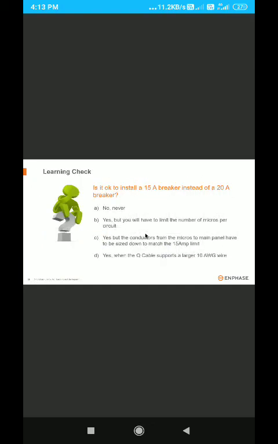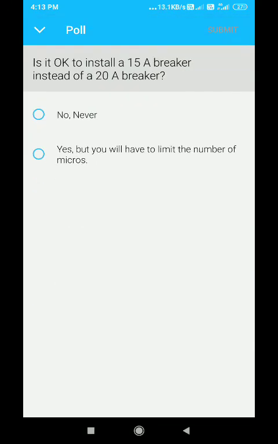Okay. Now, based on your understanding of Enphase, let's see what you understand by this question, and please answer. It says, is it okay to install a 15 amps breaker instead of a 20 amps breaker?